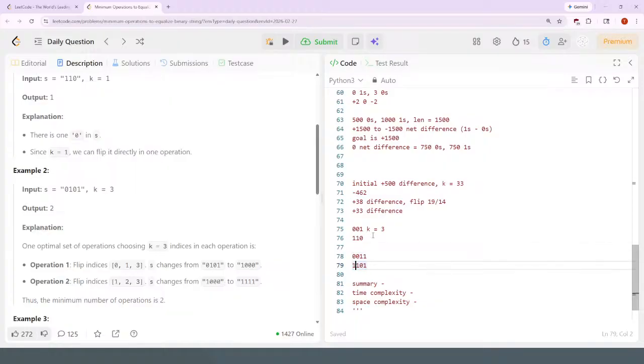So k can toggle 3 here, but there's only 2 ones. So it can only toggle 2 ones rather than 3 ones. Well, what am I thinking? This is wrong.